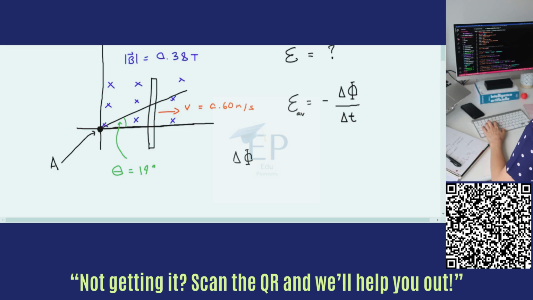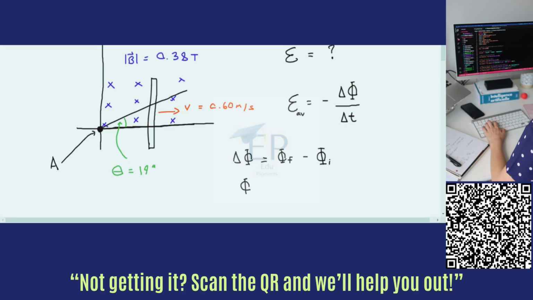All right, so the change in flux is just going to be our final flux minus our initial flux, where our initial flux is going to be 0 because we have no area in our triangle at the start, right?